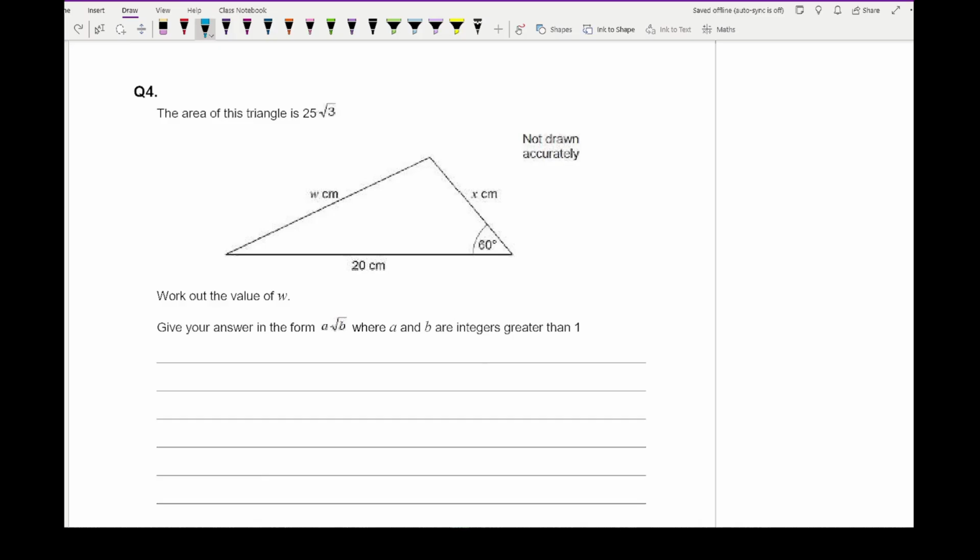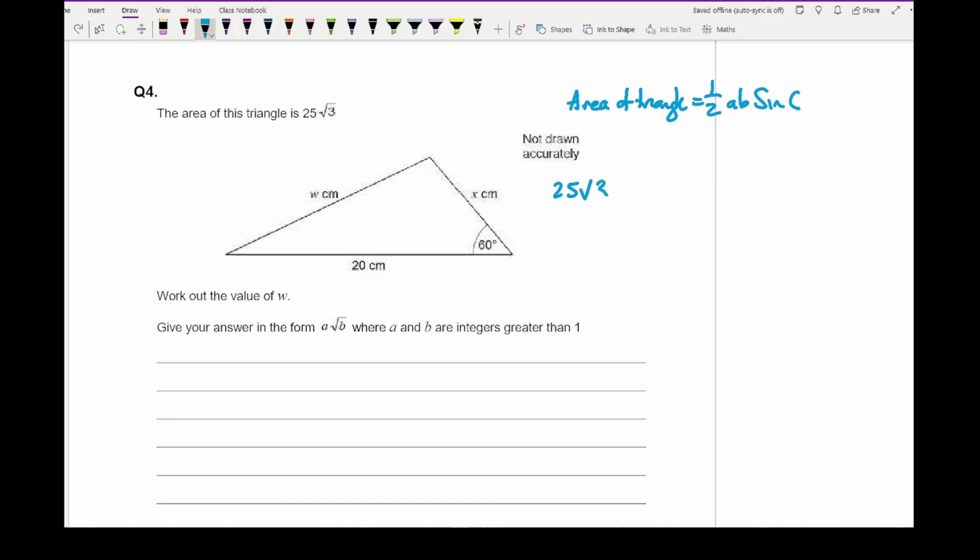So for this, labelling this up, we get the area of the triangle. So area of the triangle is equal to a half ab sine C. So from this, what we can then do is substitute the values that I've been given.